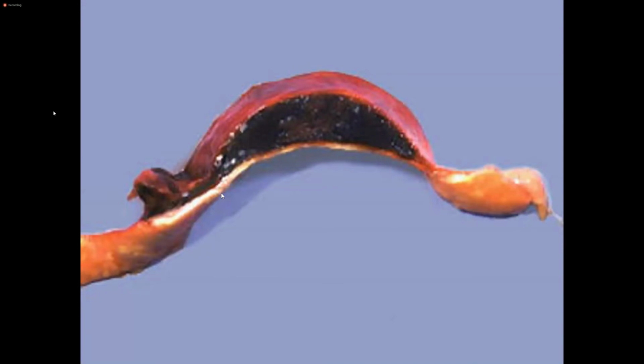Here we come to an important condition, which is aortic dissection. There are two types, type A and type B. Type A involves the proximal part of the aorta, which is basically the ascending aorta and the arch of the aorta, and this is the most common type.